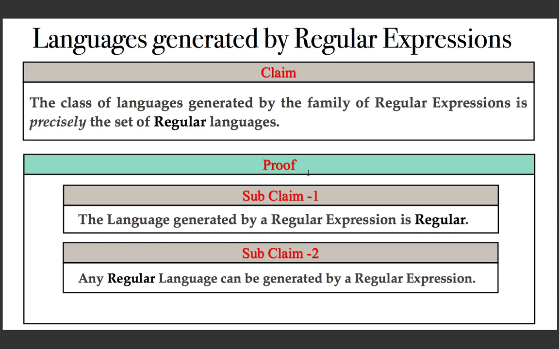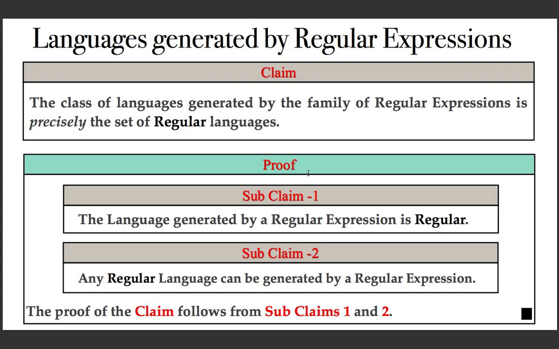And the proofs of subclaim 1 and 2 are sufficient to prove the claim, because subclaim 1 proves that the language generated by an arbitrary regular expression is a regular language.